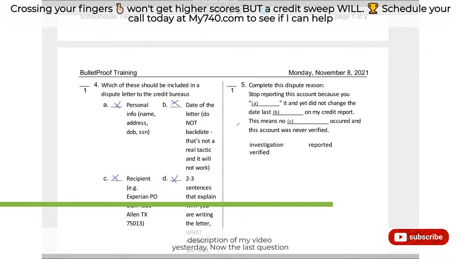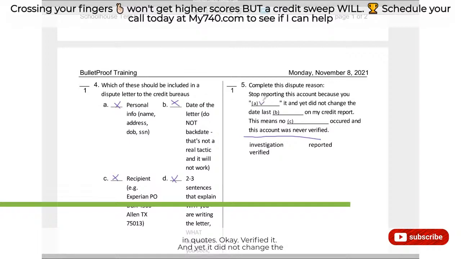Now, the last question is complete this dispute reason. This one's really, really simple. We have our word bank right here below: investigation, reported, and verified. Stop reporting this account because you, is it investigation, reported, or verified? It is verified, because obviously it is in quotes, okay?